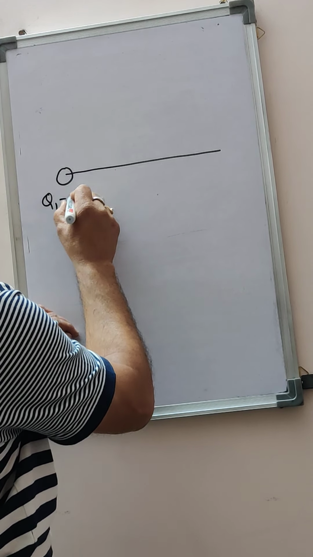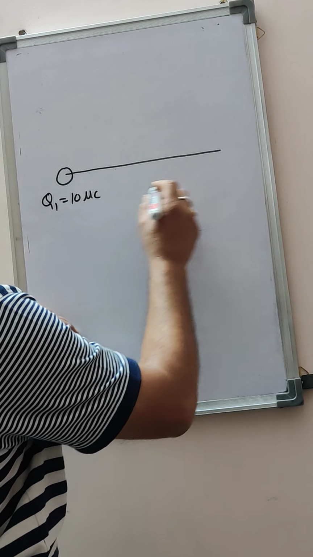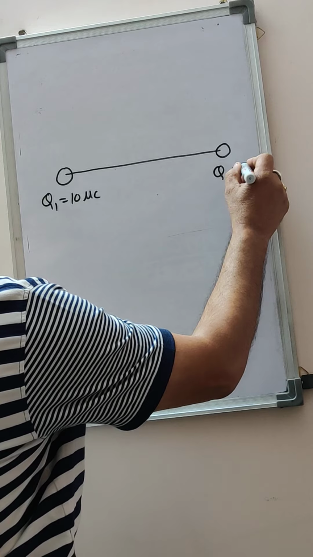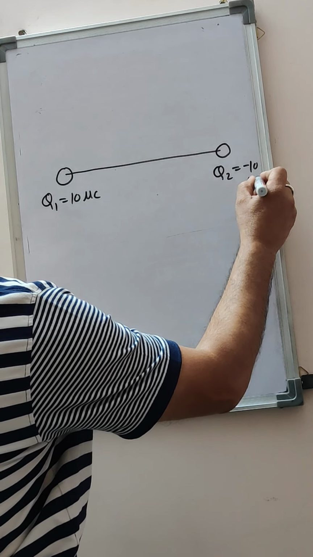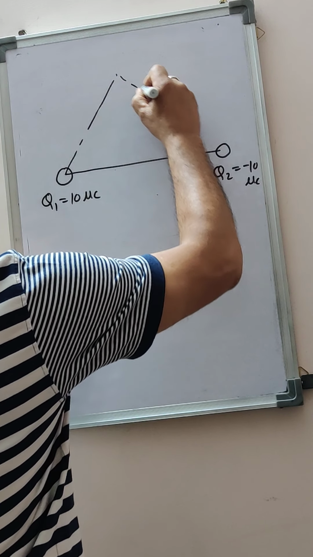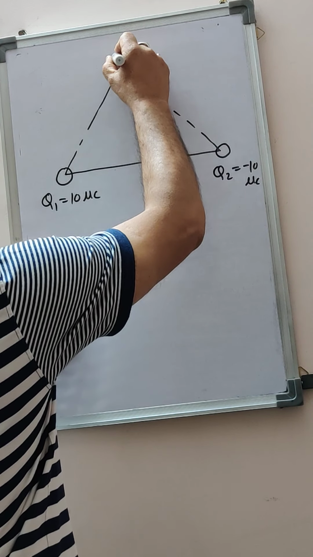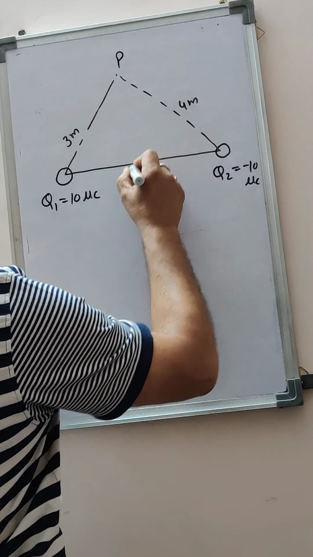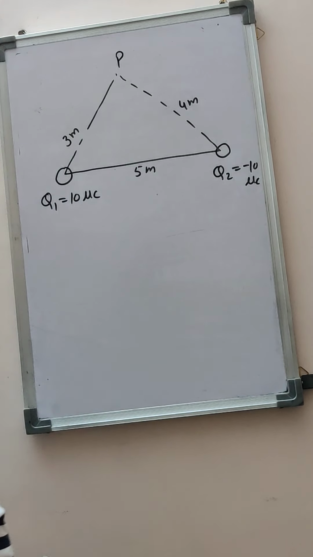This Q1 is 10 microcoulomb, this Q2 is minus 10 microcoulomb, and you have to find electric field somewhere here at point P. This is 3 meter, this is 4 meter, this is 5 meter.